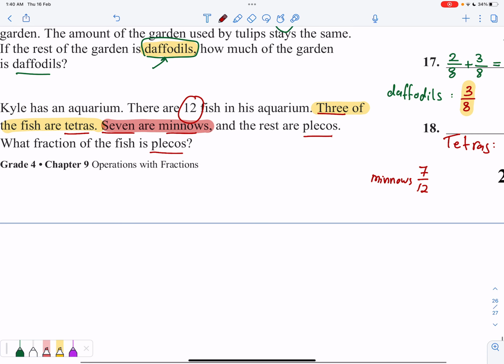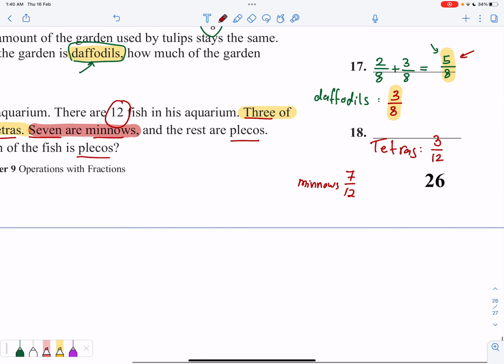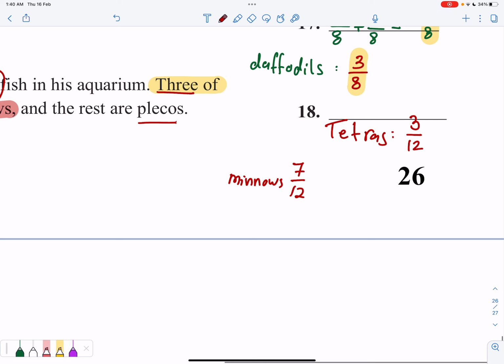And the rest are plecos. Now if we add these two kinds together, 3 plus 7 equals 10/12, right?